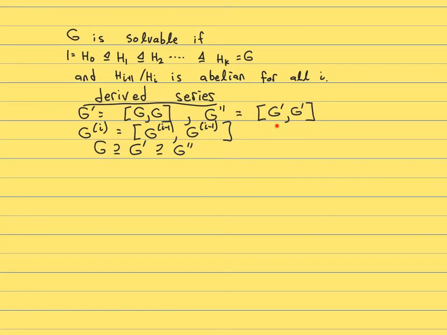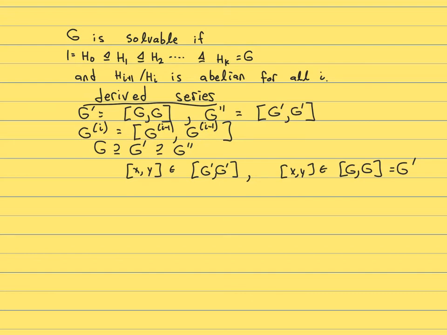To see that, note that the commutators here, suppose you take a commutator, well, X and Y were in G, so this commutator is also in G, the commutator of G and G, which is G prime.